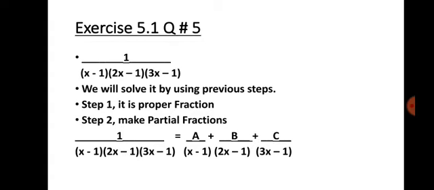So the question is 1 over (x minus 1)(2x minus 1)(3x minus 1). In denominator, we have three linear factors. As the factors are linear, we will use A, B and C to make partial fractions of this rational fraction.